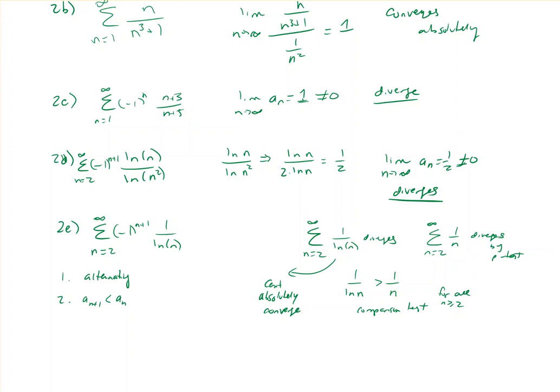It's getting bigger in the denominator, just taking a long time. It goes really slow. And if you take this out to infinity, it does indeed equal 0. Therefore, we have conditional convergence. Yay.